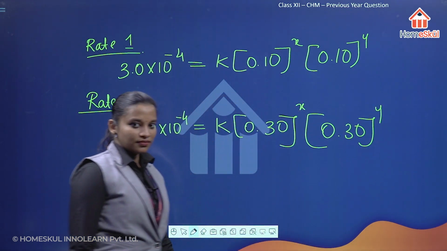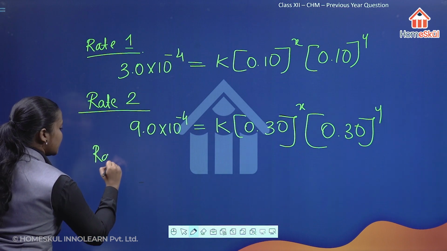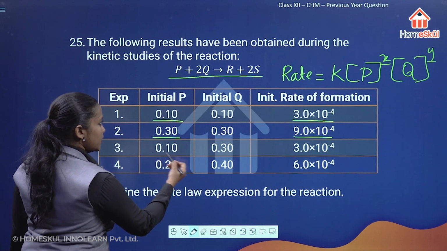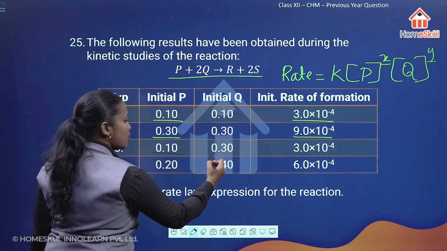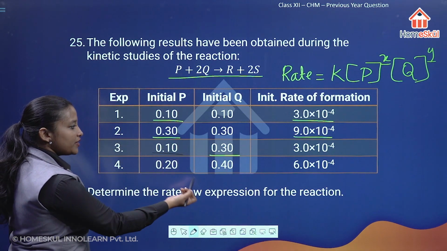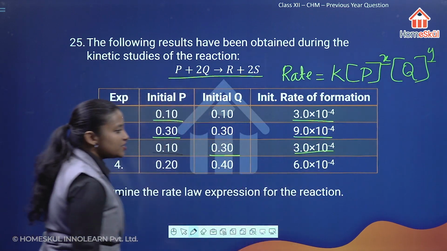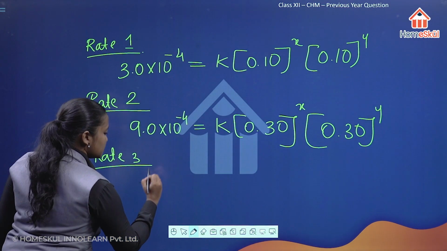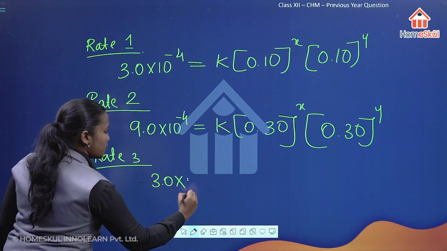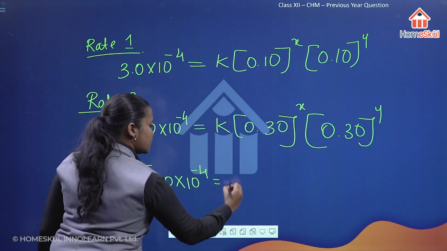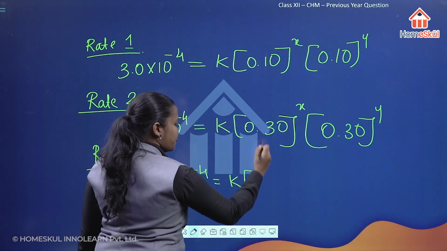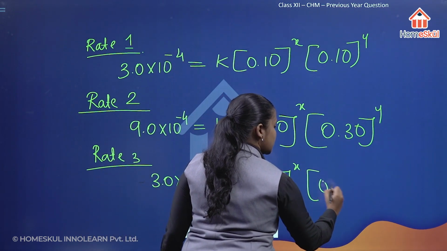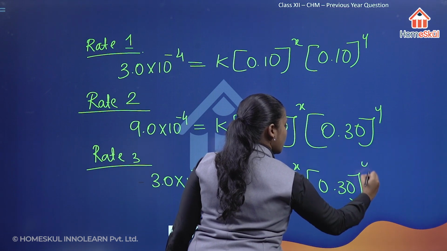Then consider the third one. Here the initial concentration of P is 0.10 and that of Q is 0.30, and the initial rate of formation is 3.0 into 10 raised to minus 4. So 3.0 into 10 raised to minus 4 is equal to k into 0.10 raised to x into 0.30 raised to y.